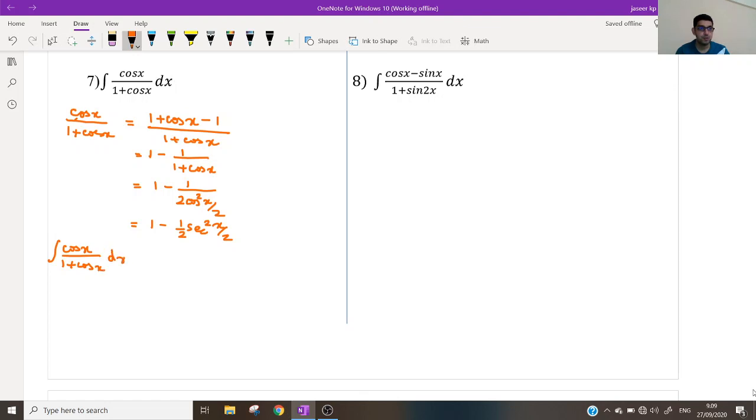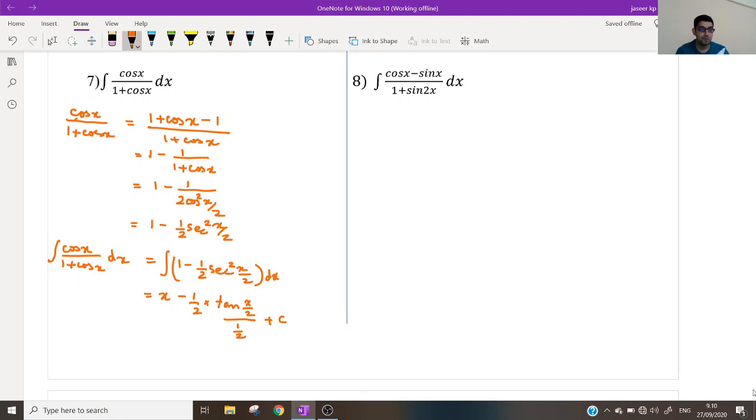So now let us integrate cos x by 1 plus cos x dx. It will become integral of 1 minus half secant square x by 2 dx. When we integrate this, it will become x minus half the integral of secant square x by 2, that is tan x by 2 divided by the differential of x by 2, that is 1 by 2, plus c.